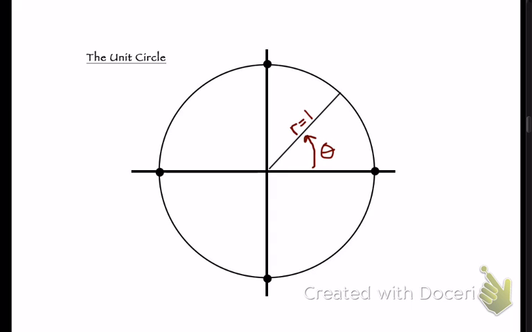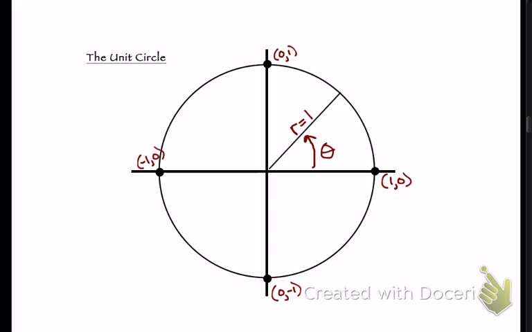The unit circle radius is always 1. With that understanding, I think I know the coordinates of those 4 points. Let's see how you do. Take a look at those 4 points. Do you understand why they are the way that they are?